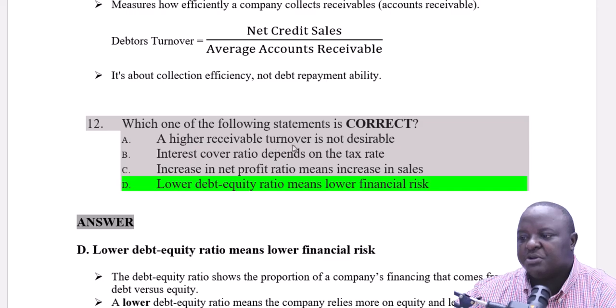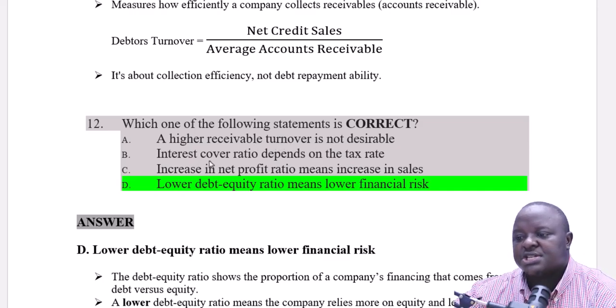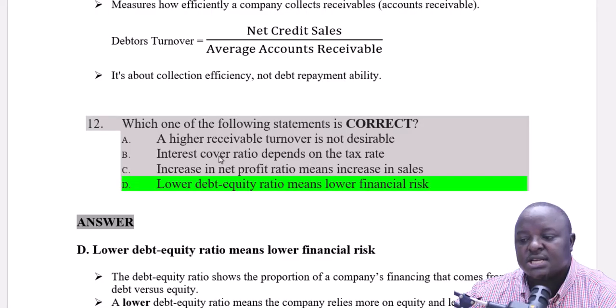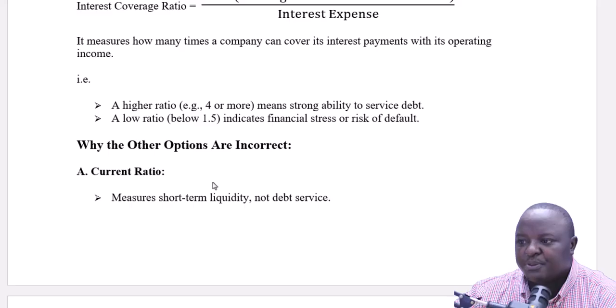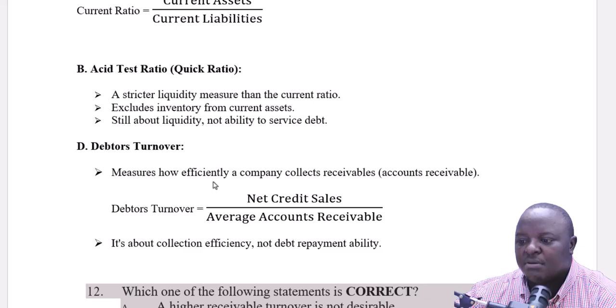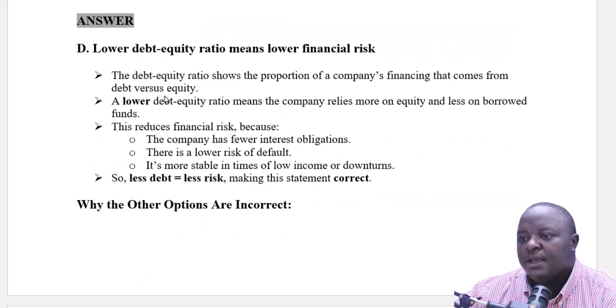The best answer here is that a lower debt equity ratio means lower financial risk.